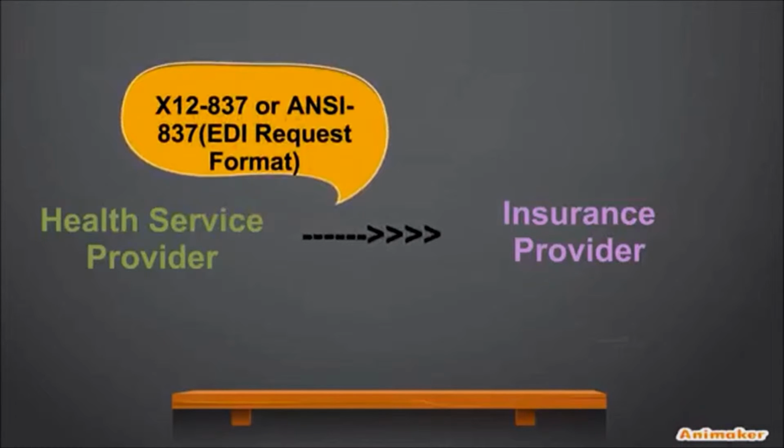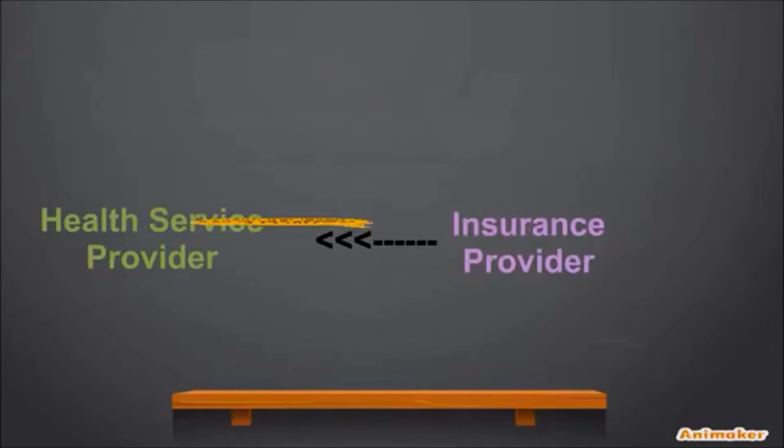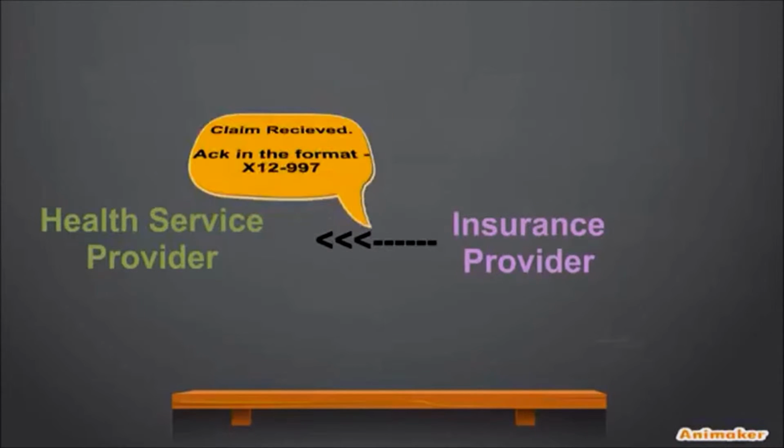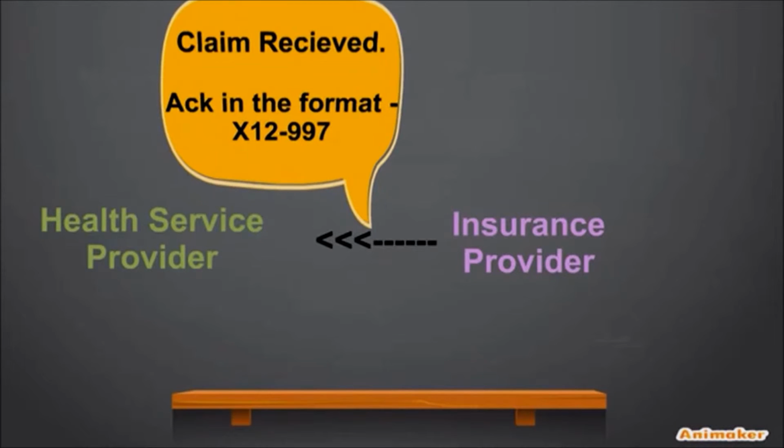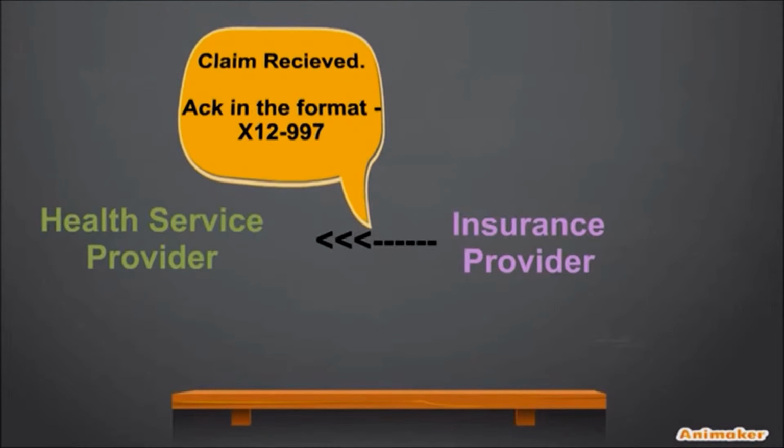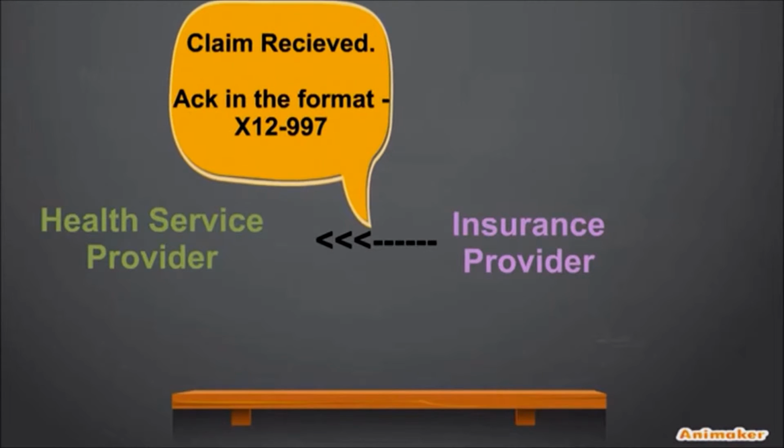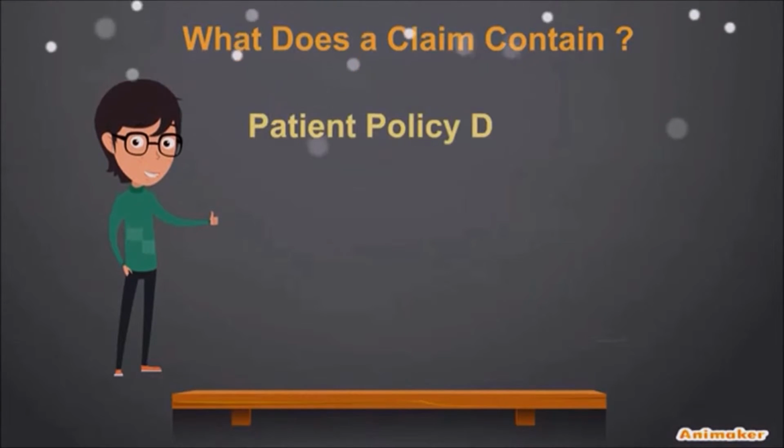Electronic claim submission follows the standard ANSI 837. 837 is the format established to meet HIPAA requirements for the electronic submission of healthcare claims. Once the claim is received in ANSI 837 format, the insurance provider acknowledges the health service provider with the X12 997 claim received transaction.